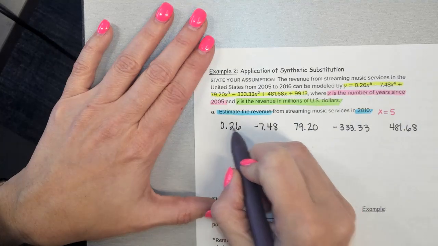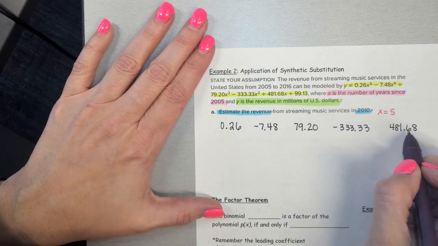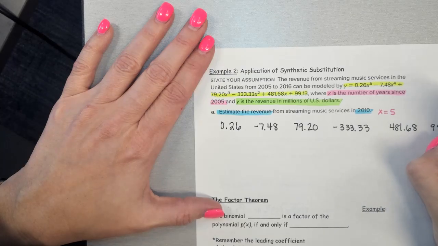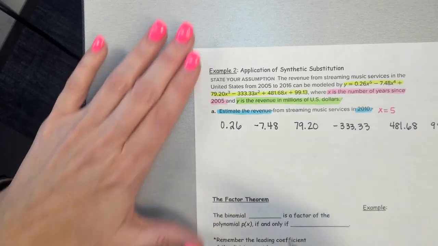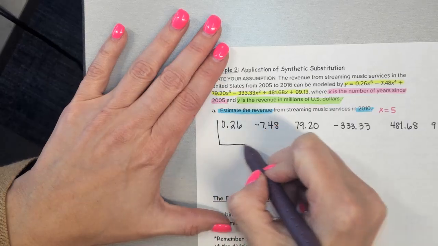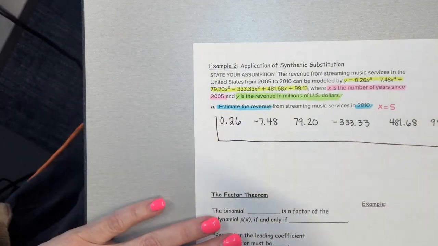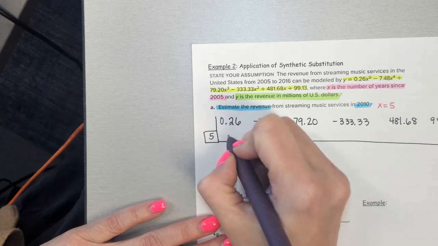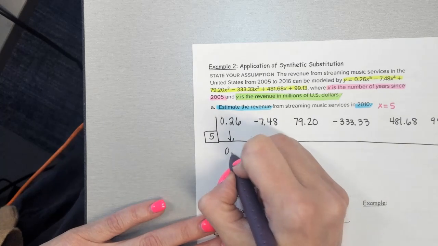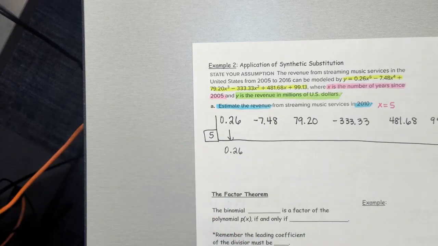So I have 5, 4, 3, 2, 1, and then the last one. Okay, and then 5 is going to be our value. Okay, so we have 0.26.